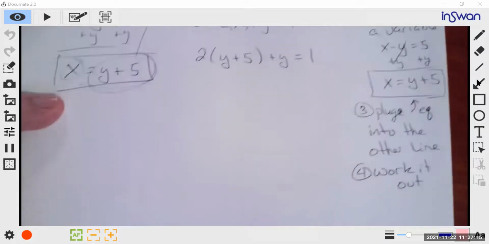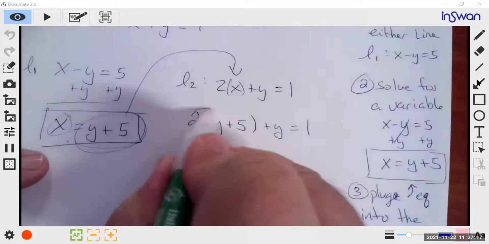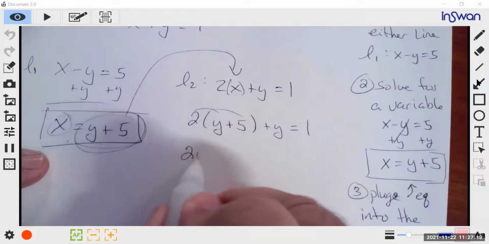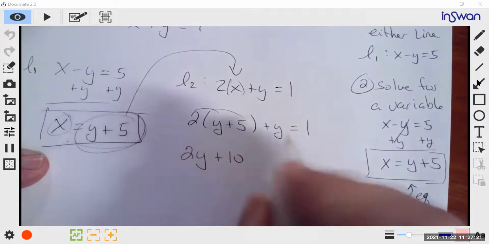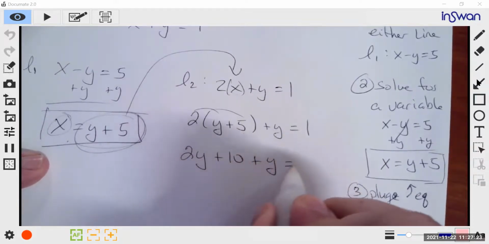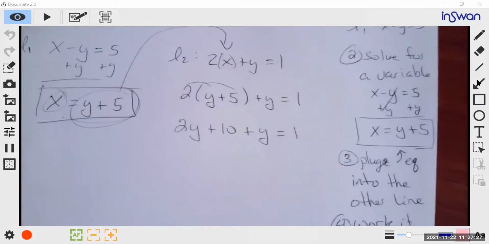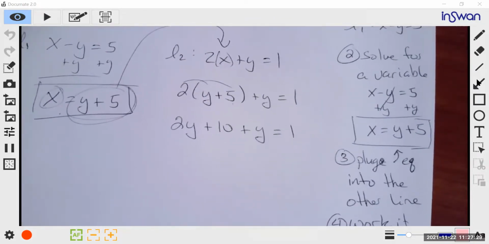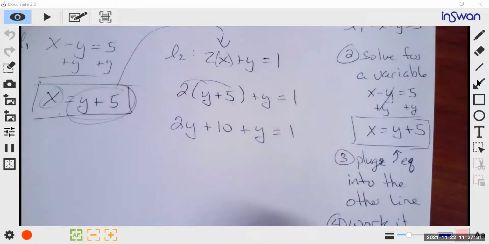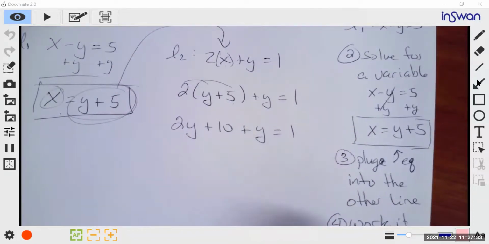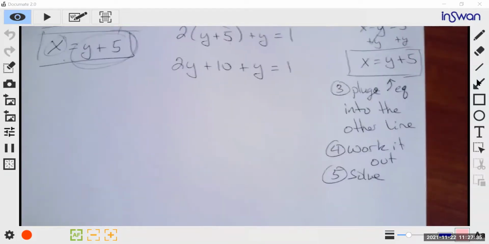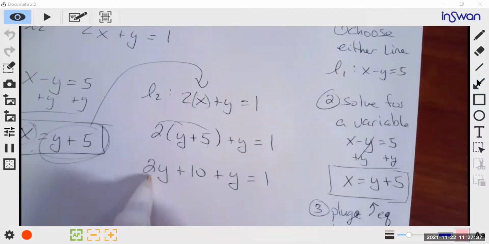So distribute, get rid of the parentheses. So 2y plus 10 plus y equals 1. Solve for the variable. Combine like terms. 2y plus y is 3y.